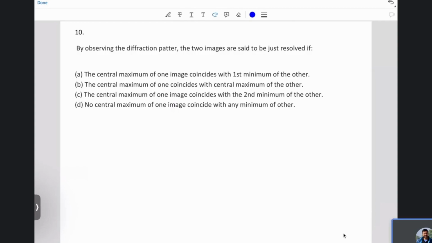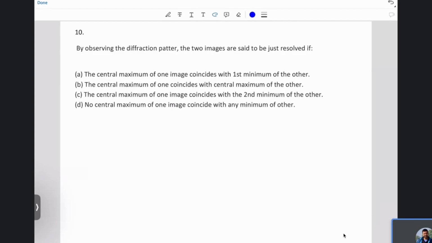Because at the aperture of any microscope or telescope, you will have some diffraction of light, and that does not permit you to get infinite resolution. There will be some finite resolution of any optical instrument.